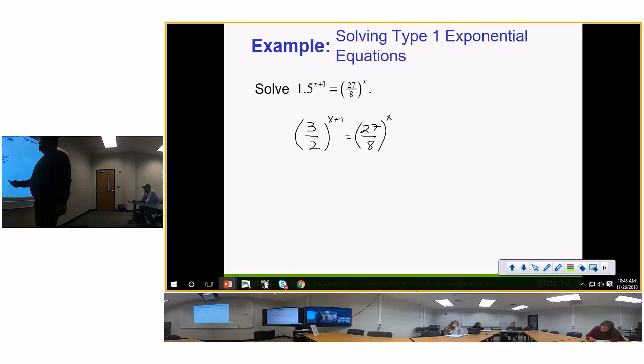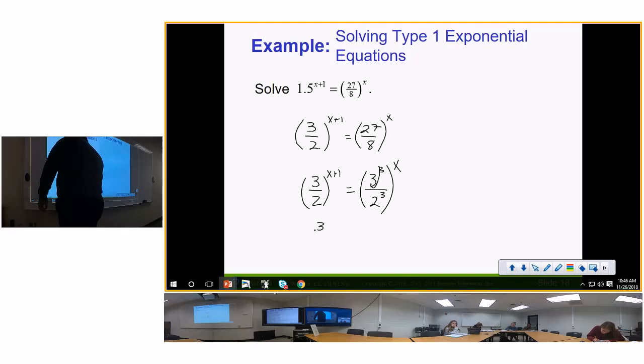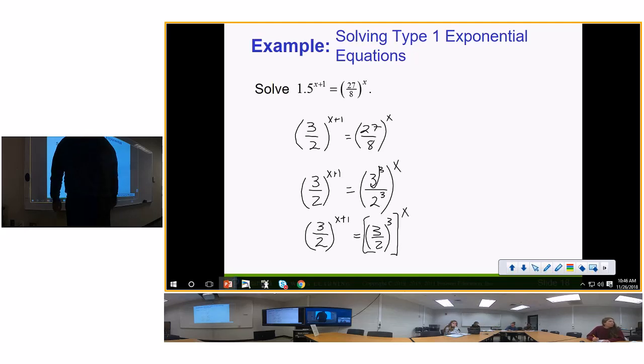So this would be 3/2 to the x plus 1 is equal to, that's going to be 3 to the 3rd power over 2 to the what? 3rd power to the x power, which is 3/2 to the x plus 1 equals 3/2 to the 3rd power to the x power.